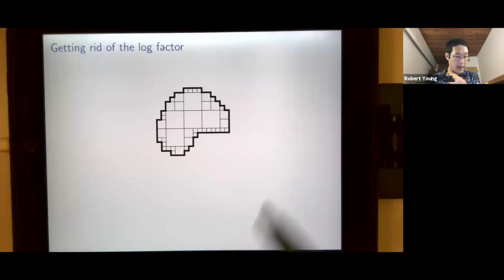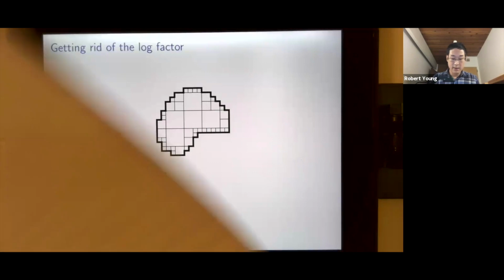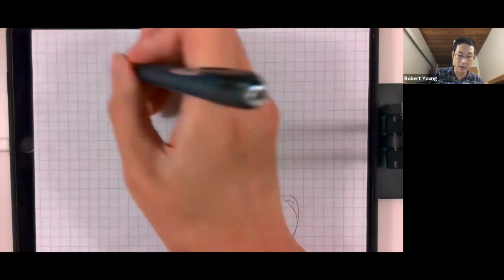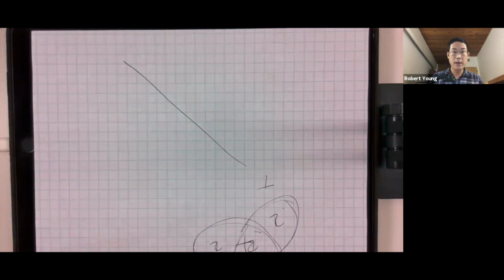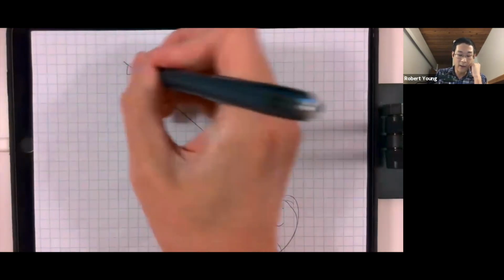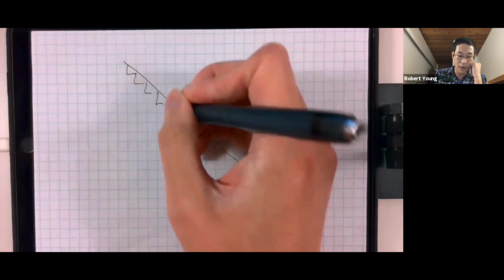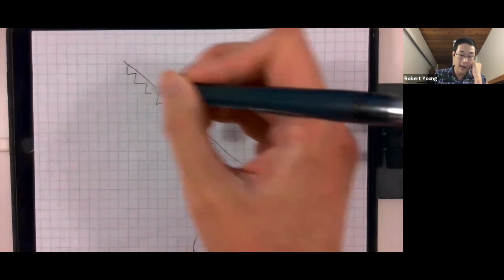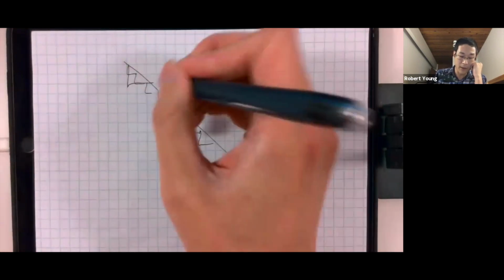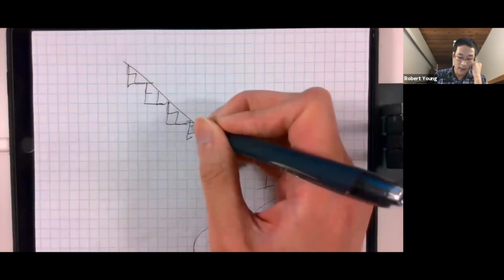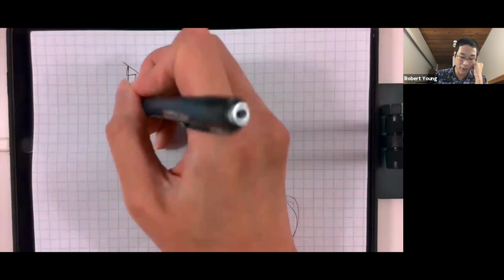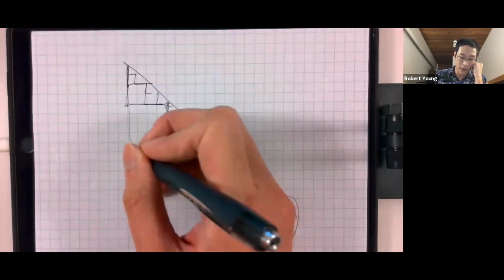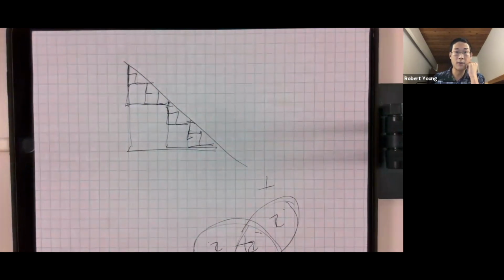Because at places where A is flat, say we have some piece of A which is just a diagonal line like this, then the 1x1 approximation is a staircase like that, and then the 2x2 approximation is a bigger staircase like that. And then the 4x4 approximation is a bigger staircase like that, and then the 8x8 approximation is a bigger staircase like that, and so on.